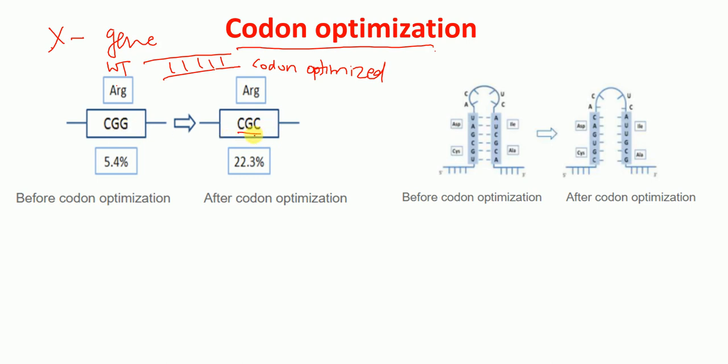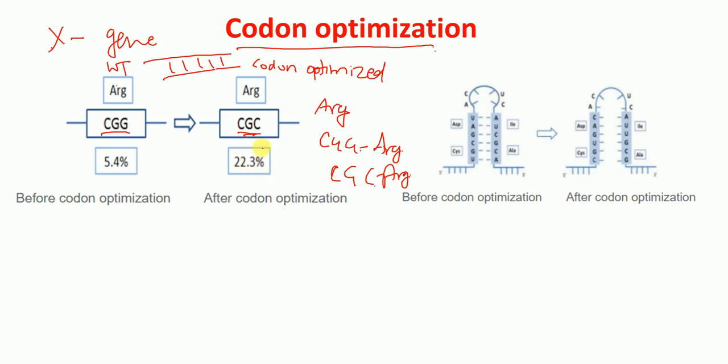Why CGC? Because like I said before, both CGG and CGC code for arginine. Then after codon optimization, the GC content has increased to 22.3%.